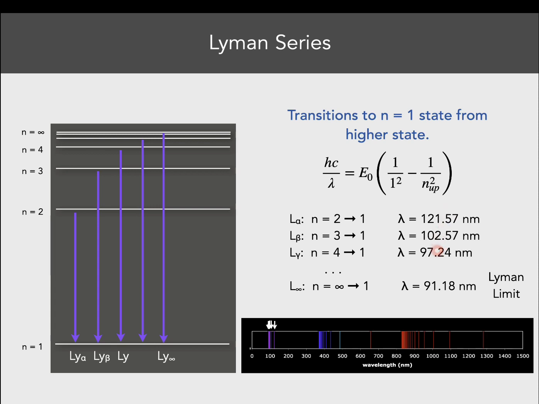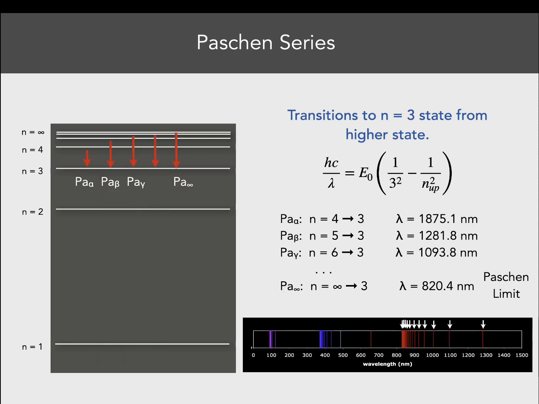You plug in some examples, and again, you see all of these transitions are out in the ultraviolet. The Lyman limit is what you get when you plug in n equals infinity for that upper state. And so the Lyman limit is the shortest possible transition that you can have in the hydrogen atom.